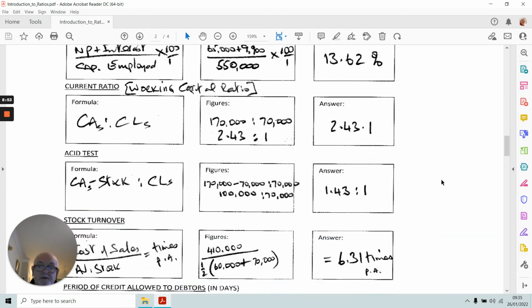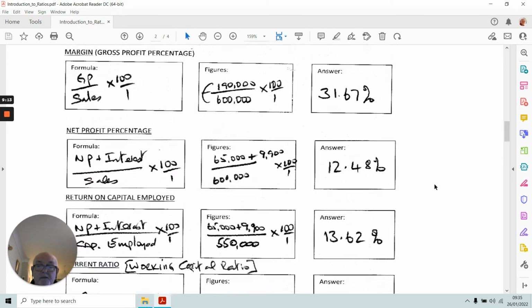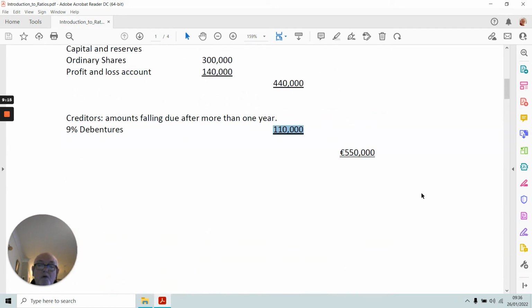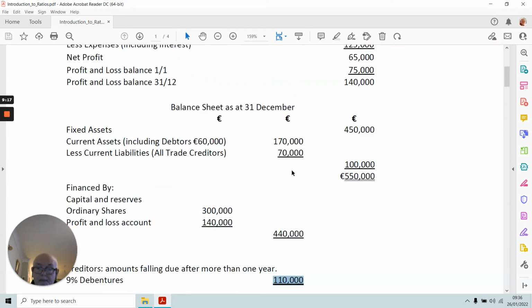The next 2 ratios deal with liquidity. Liquidity measures the ability of the company to pay its debts as they fall due. The first ratio, the current ratio, also called the working capital ratio, is the ratio of current assets to current liabilities. And we saw on our balance sheet that this firm had €170,000 worth of current assets and 70,000 worth of current liabilities falling due soon.